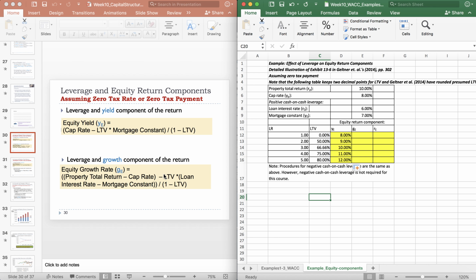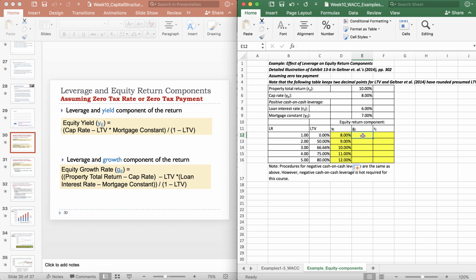That's how we understand the second term in the numerator: loan interest rate minus mortgage constant, times the loan to value ratio. Then for the overall term, we normalize it by 1 minus loan to value ratio.